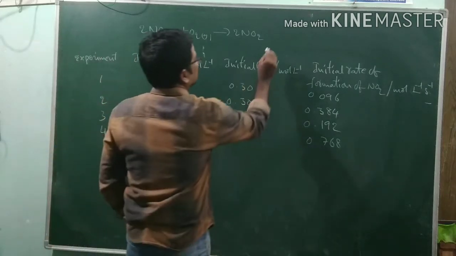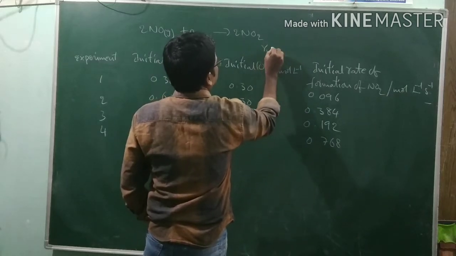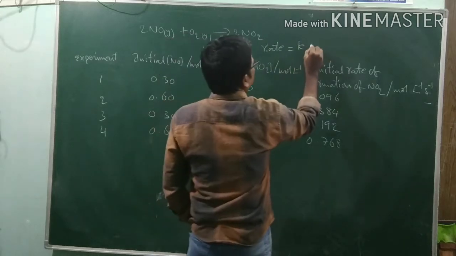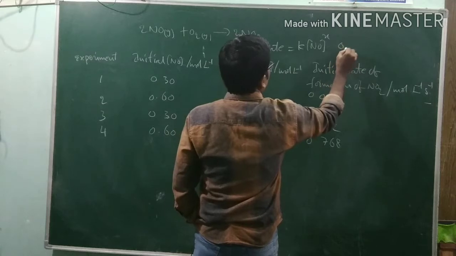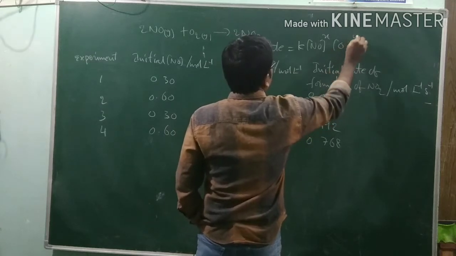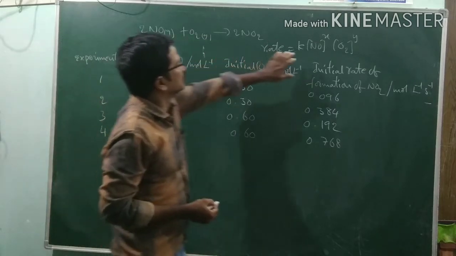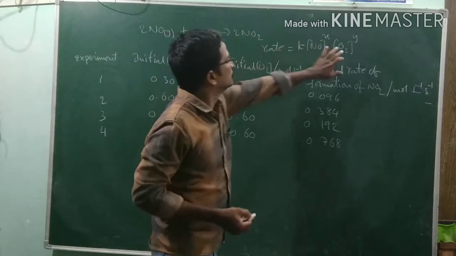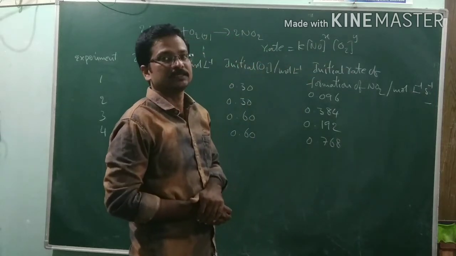Let us see it. For this reaction, you may write rate is equal to K into [NO] to the power of x, [O2] to the power of y. You may write like this.